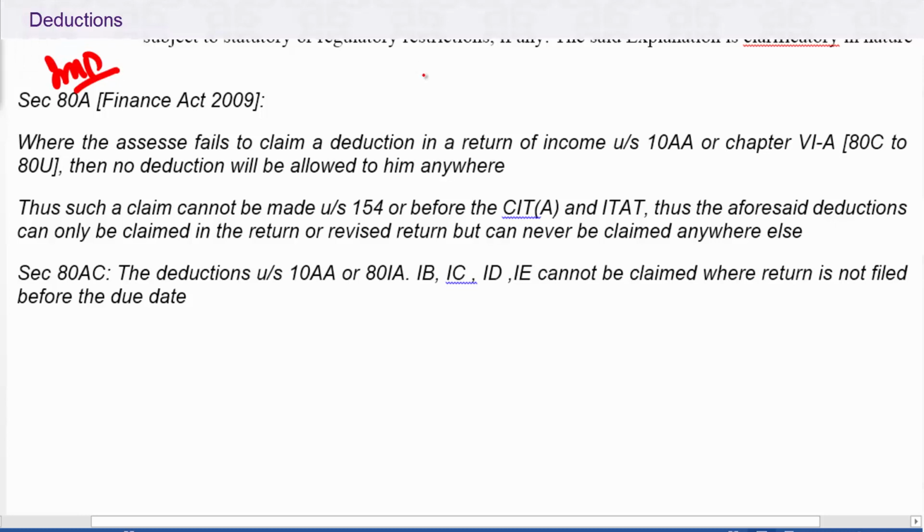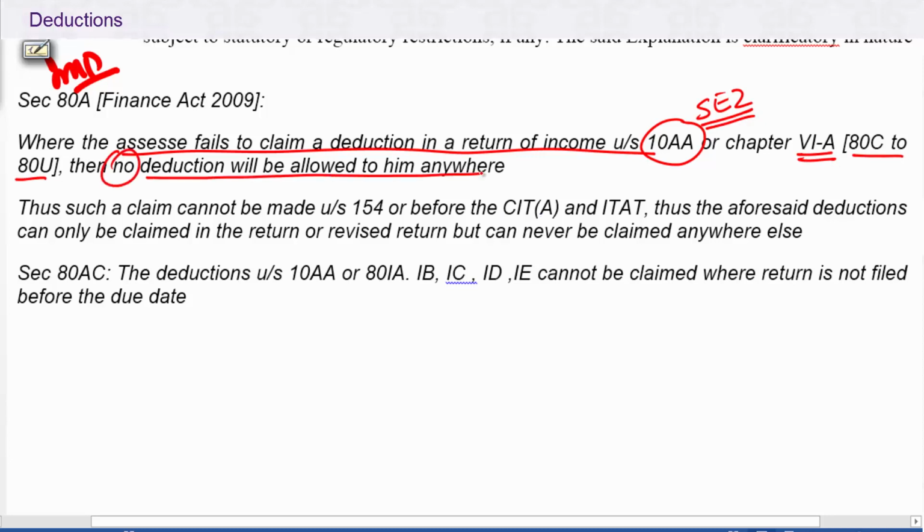80A says, where the assessee fails to claim a deduction in a return of income either under section 10AA, which is for SEZ units, or chapter 6A, which is 80C to 80U, then no deduction will be allowed to him anywhere. So one thing is very clear, you have to claim it. If you don't claim it, there is no obligation on the part of the AO to allow you.